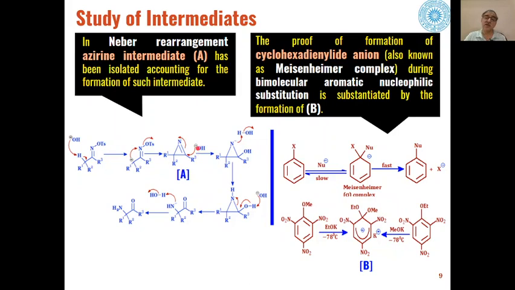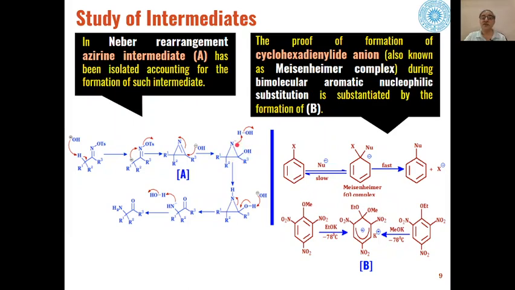Then this hydroxyl group will attack this carbon, which is more electropositive than the nitrogen, and the more electrophilic carbon will be attacked by the base to give us these types of intermediates.